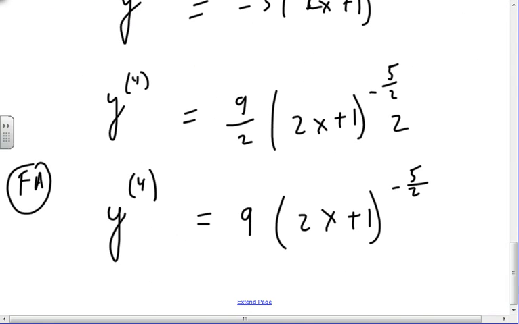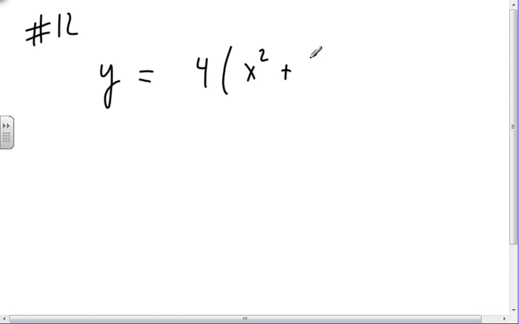All right, so what are we doing? We're going to 13, so that means when I do 12, I'm done. 12 and done. y = 4 times (x² + 5)^(-2). And I only want the second derivative.